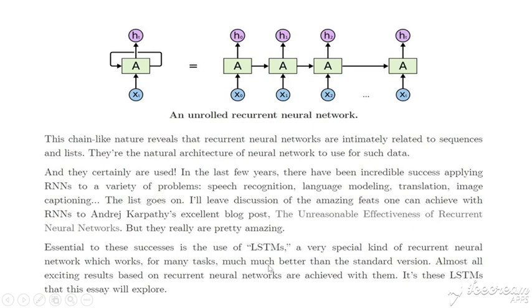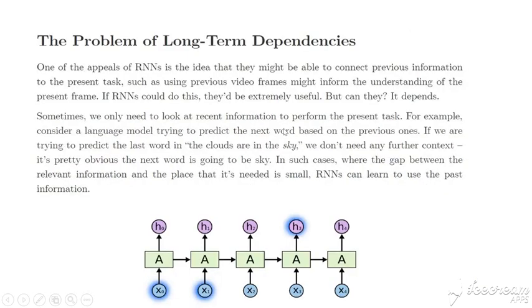And LSTM is a special kind of neural network which has a long-term dependency advantage, so that it can remember things for the long term without using any external memory. I'll give you an example of how it is different from RNN. Here there is an example which says the clouds are in the sky.